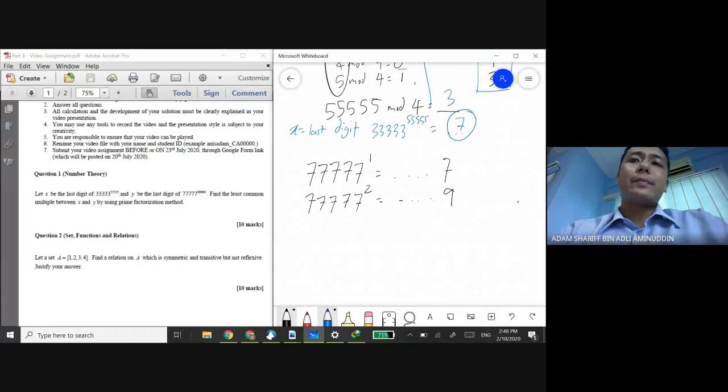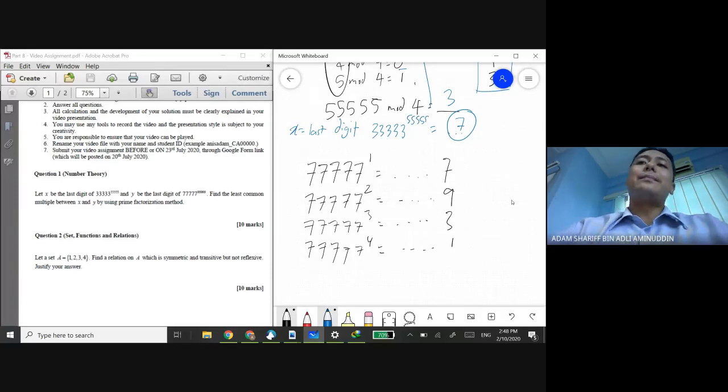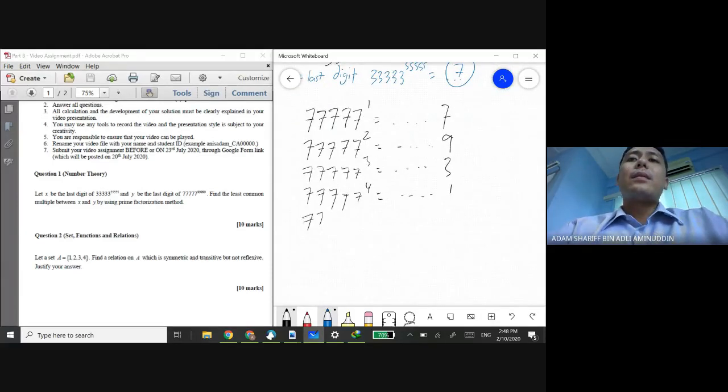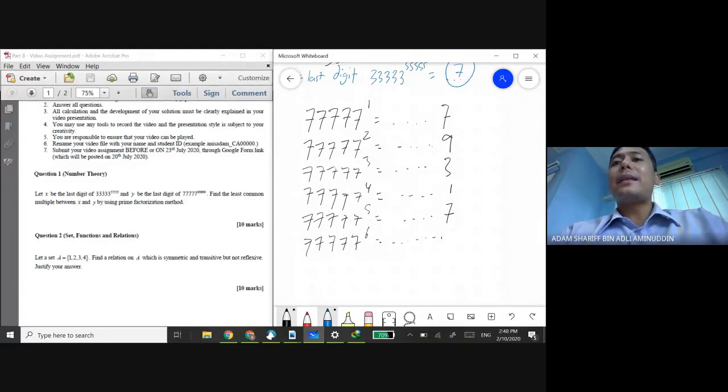Then 3, then 1. You see, it repeats itself back at 7. Then, of course, 7 times 7, it will be 9. Again, there's a cycle during modulo 4.